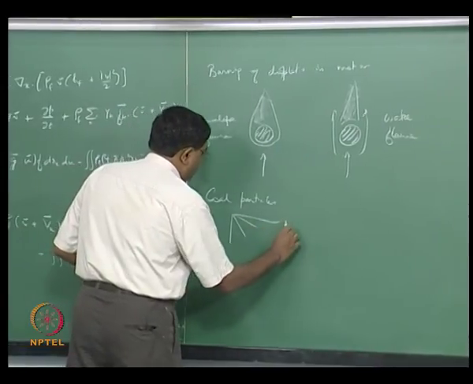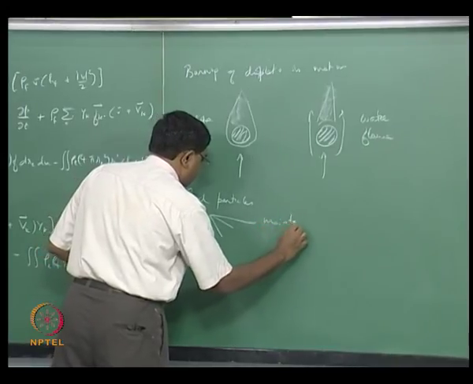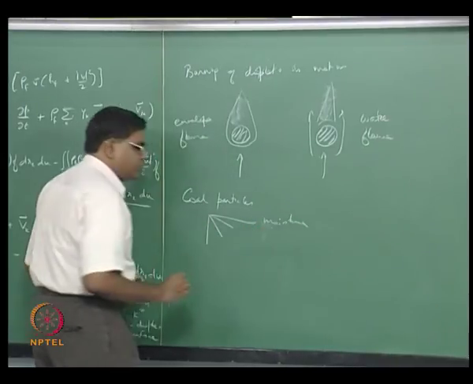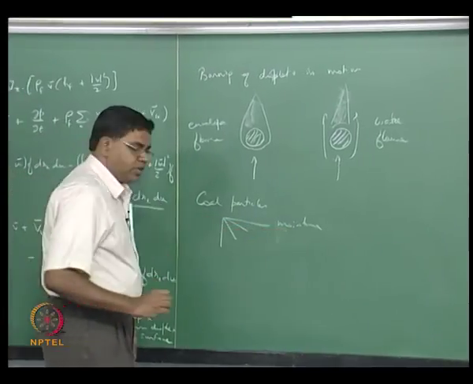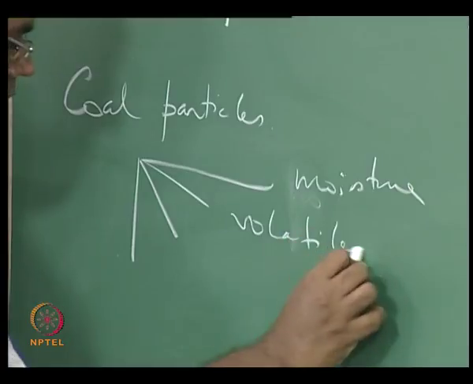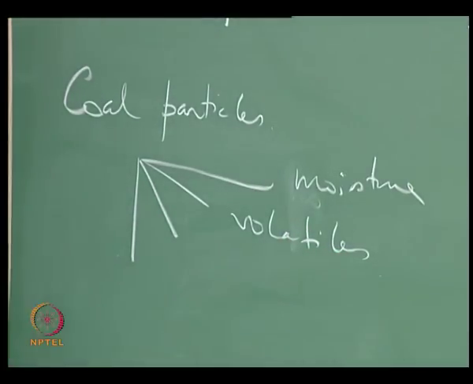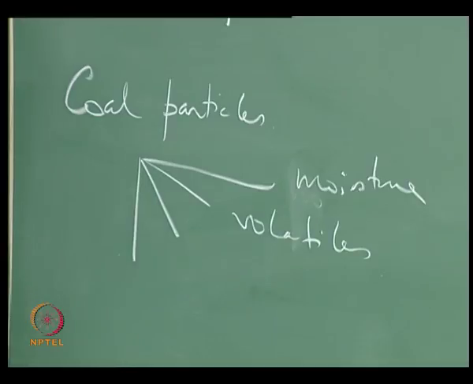First thing, you have a lot of moisture, which is pretty bad because this is not going to burn, right. Then you have what's called the volatiles, which is what is exactly going to burn, and burn fast, or evaporate fast, or get released into the combustion zone quite quickly.